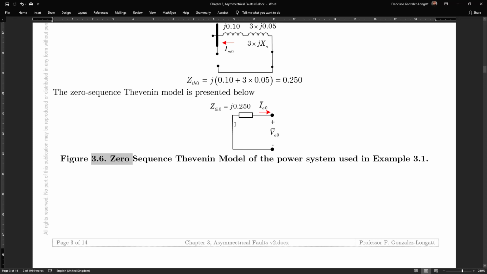We create the sequence networks, and then we reduce the sequence models into the Thevenin equivalent model.